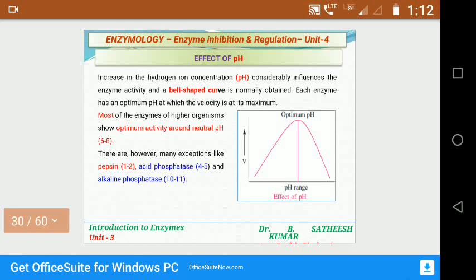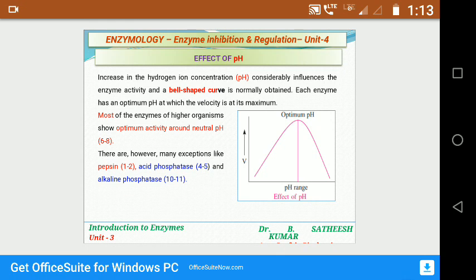And another important factor is also a physical factor, which is pH, because the charge of all the amino acids in a protein or an enzyme will be affected by the pH. So each and every protein and enzyme will have one particular isoelectric point, and based on the pH conditions their net charge also changes.